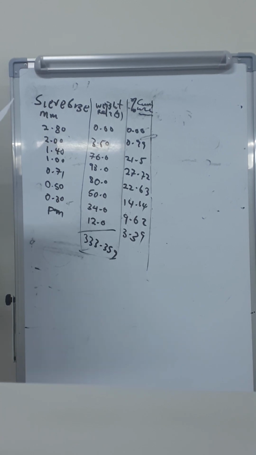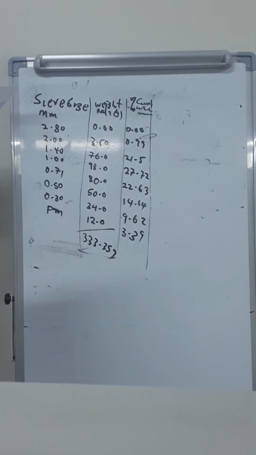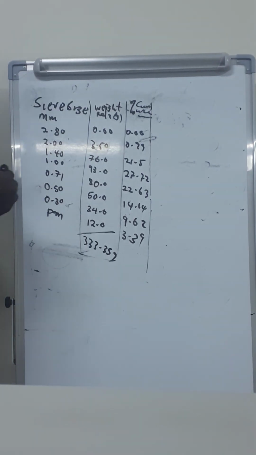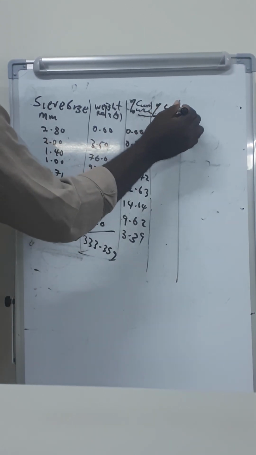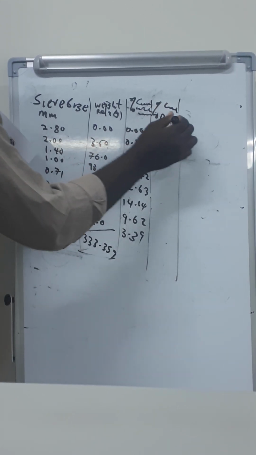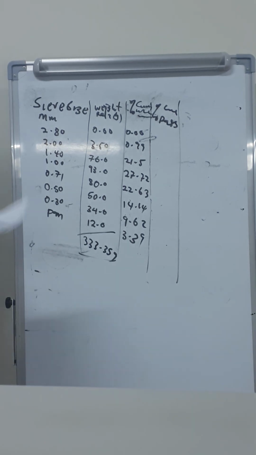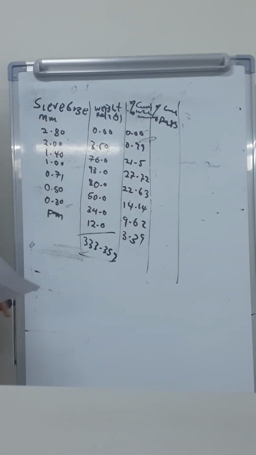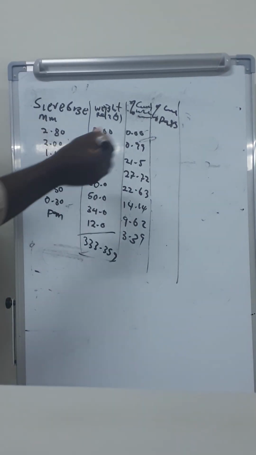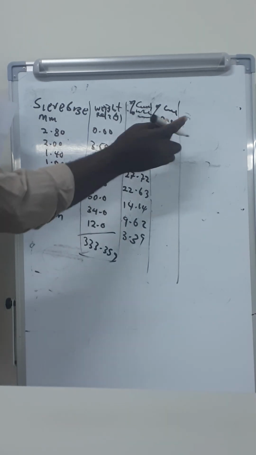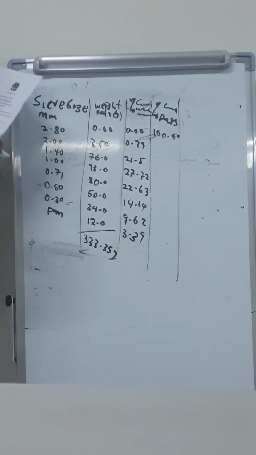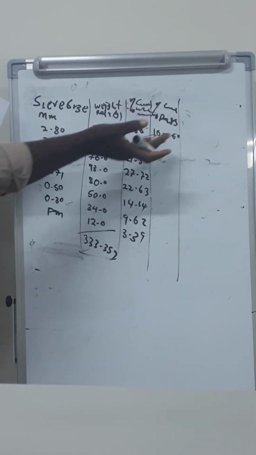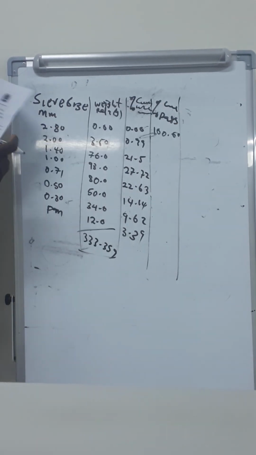The next step is to calculate the percentage cumulative passing. It is calculated by deducting this value from 100%. So 0 taken from 100, we have 100. We can get 99.9, but it is approximately equal to 100.